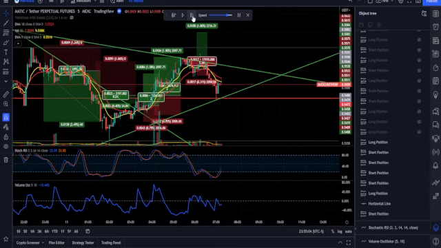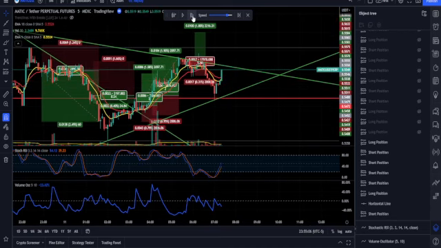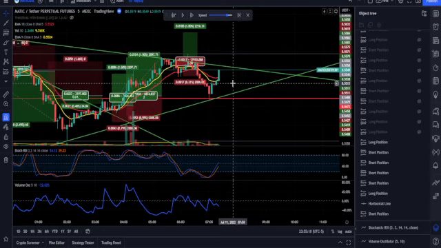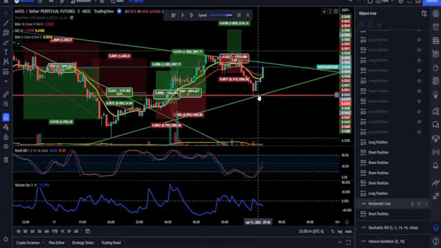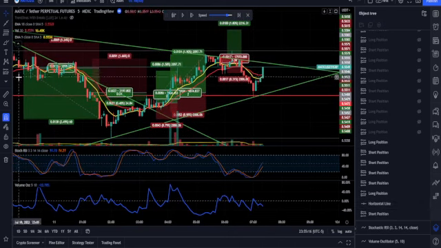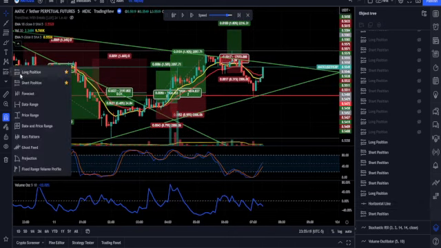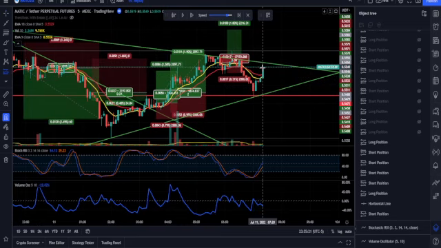Alright. Okay. Right here, if going by this trend line, we could take a long on this candle for that matter. But this one pretty well verifies it.